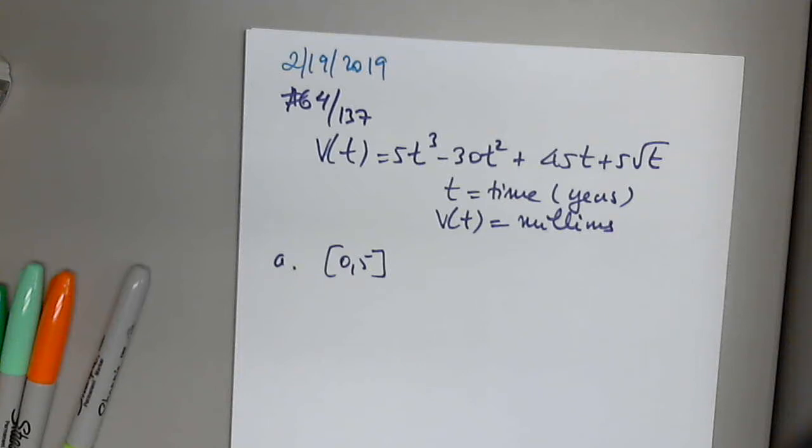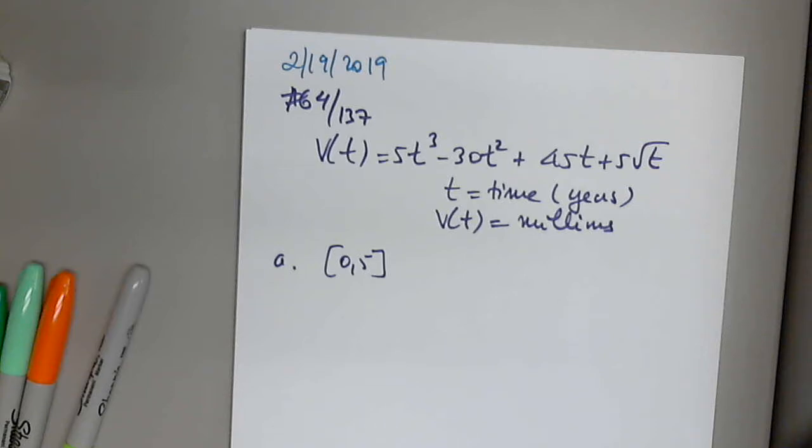A scale of 1 is fine. Y minimum is the value of an investment. We really hope it's definitely more than 0, so I'm going to choose 0 for y minimum.